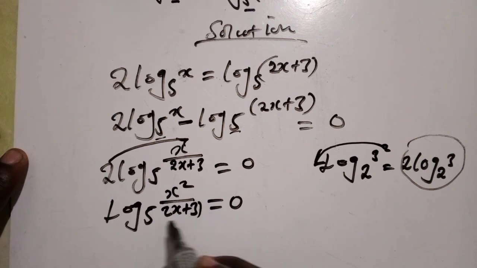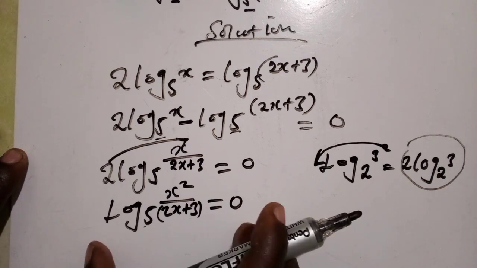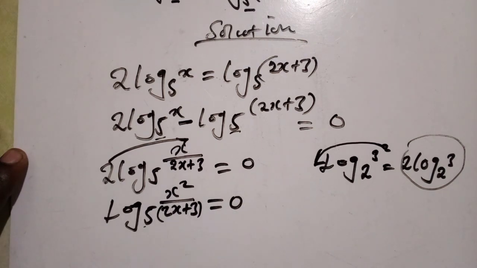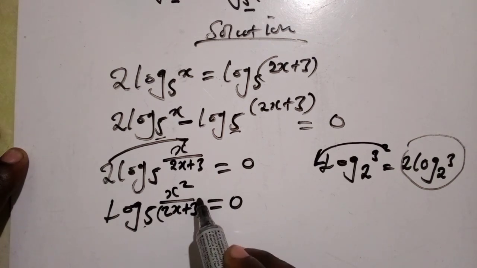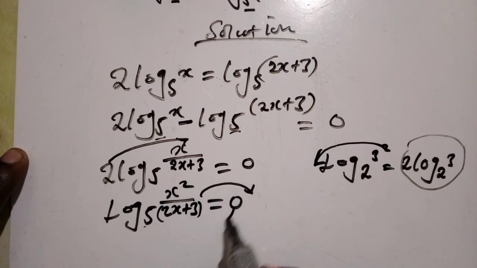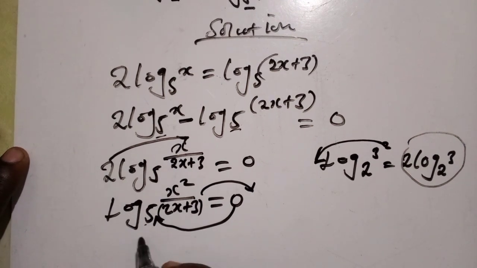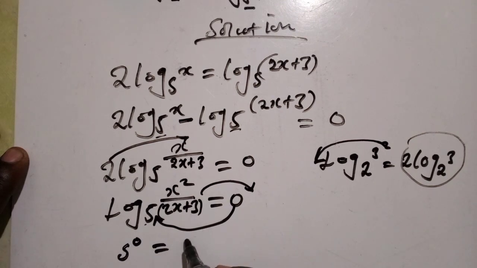Then we have to change this logarithm from logarithm into exponential. All this term comes here, and this 0 becomes the power, so it will be 5 to the power 0 equals x squared over 2x + 3, right?